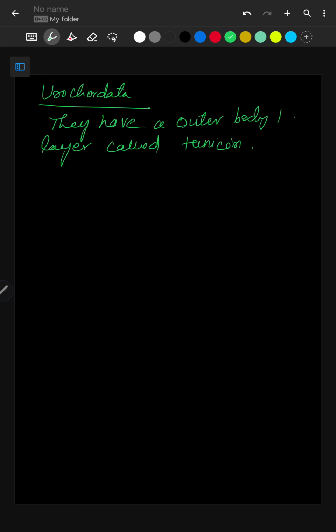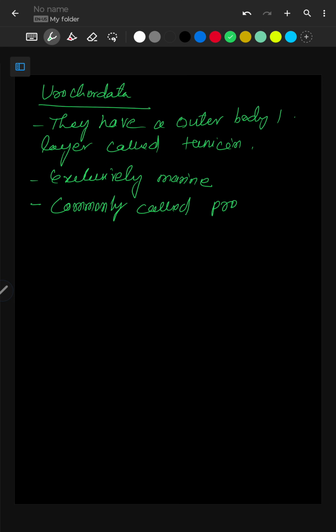That's why they are known as Tunicata. And they are exclusively marine. Notochord is present in the larval stage. I have already said they are commonly called protochordates, meaning primitive chordates.